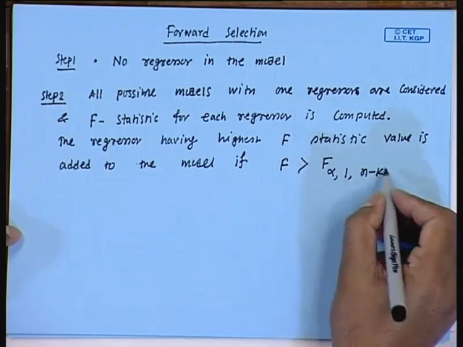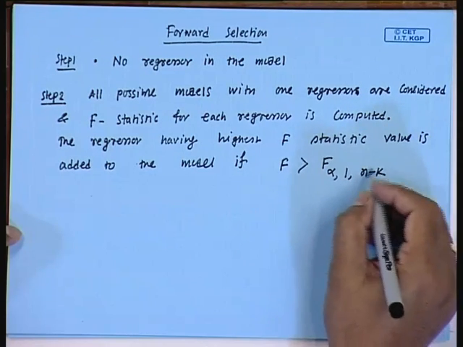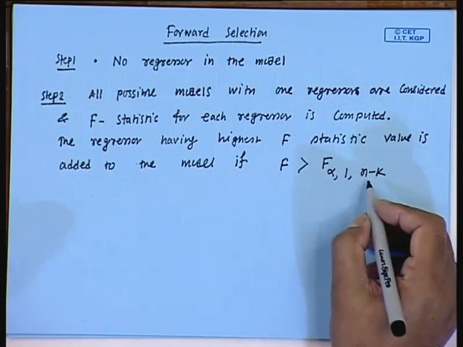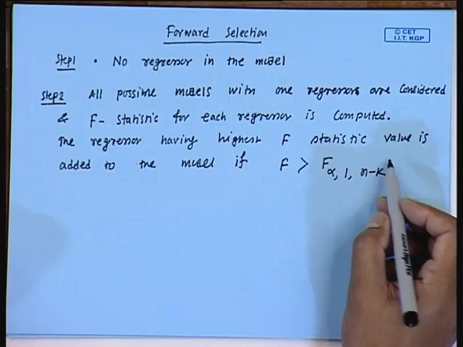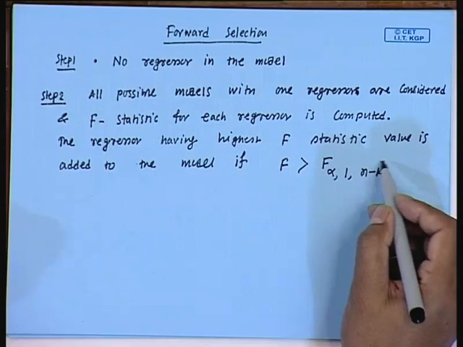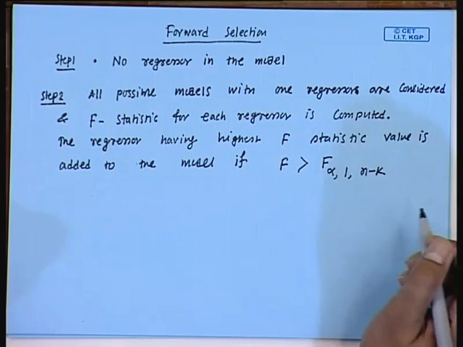So, this is basically the residual degree of freedom. Sometime in the last class I told that this is the error degree of freedom. So, error degree of freedom and residual degree of freedom are the same.